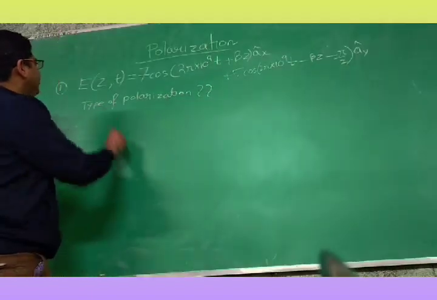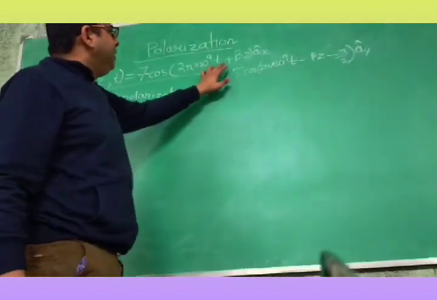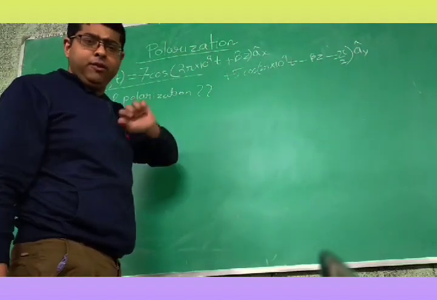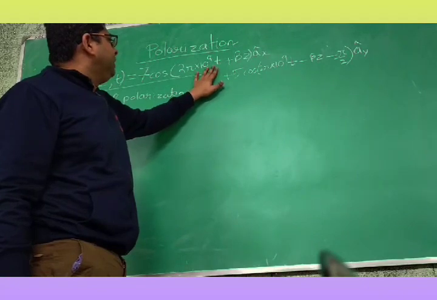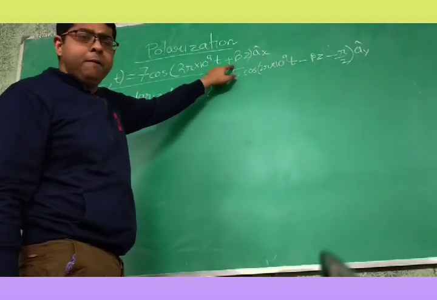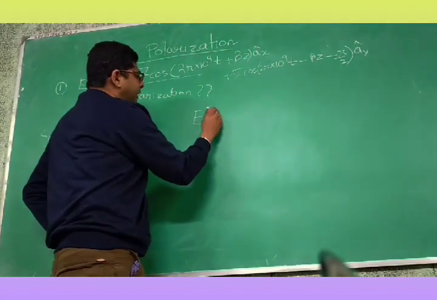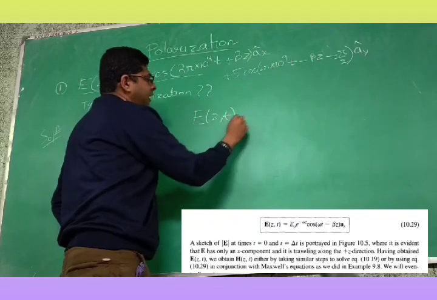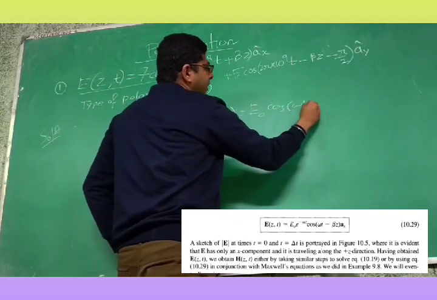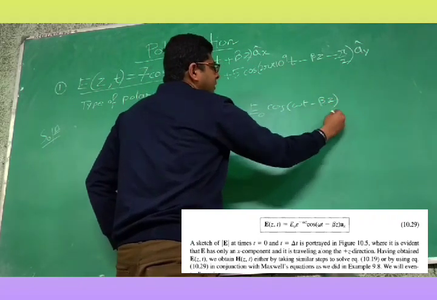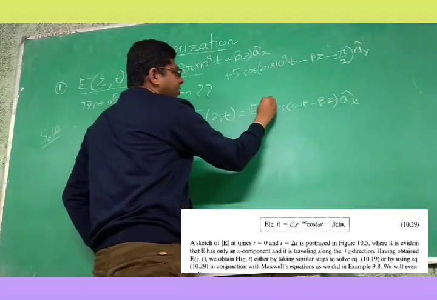First of all, this is the expression for the electric field, and we determine the direction of this wave. The wave is propagating in which direction? From this expression, the wave is propagating in the minus z direction. Why? Because you know the expression E(z,t) = E0 cos(omega t minus beta z) is the x component, and there can be an attenuation constant.